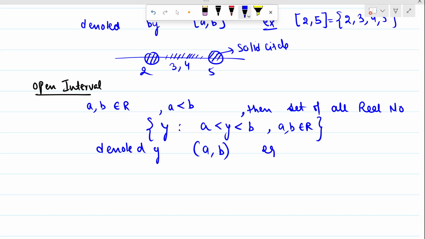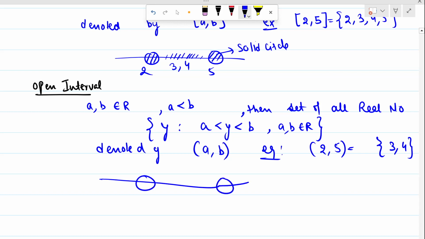For example, (2, 5) is equal to 3, 4. So on a number line it will look like this: 2 and 5. So this is a hole, because 2 and 5 are not included in the set. Only 3 and 4 are included in the set. So this represents an open interval.